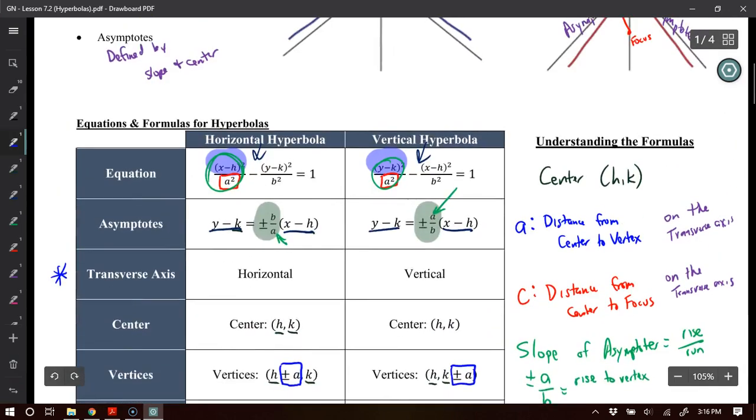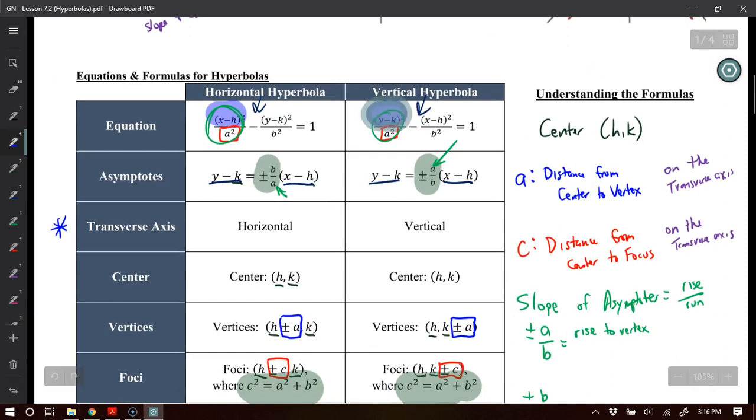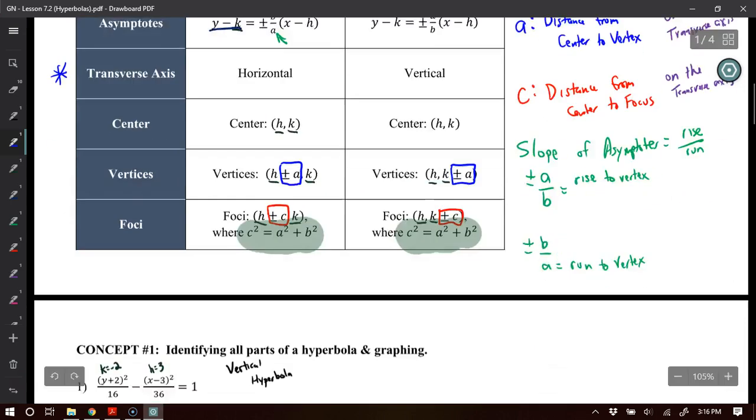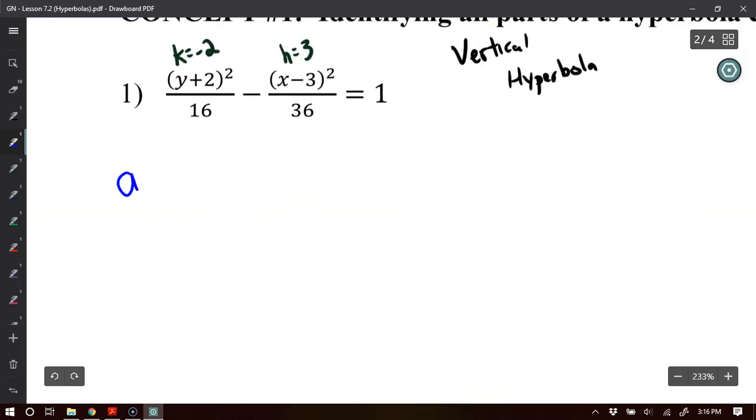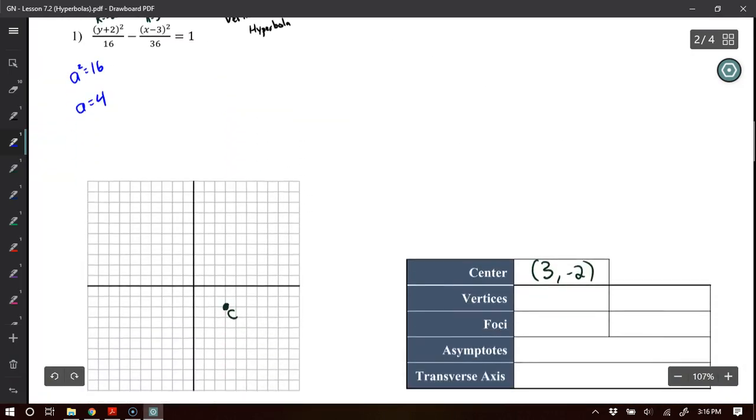Then if we look at the formulas, we're dealing with a vertical, so if I'm dealing with a vertical, my a squared is the first denominator. In this case, a squared is 16, so a is 4. The distance from the center to the vertex is 4 units up and down.